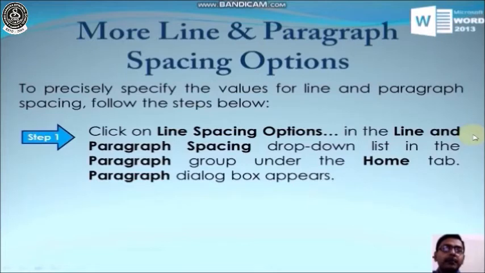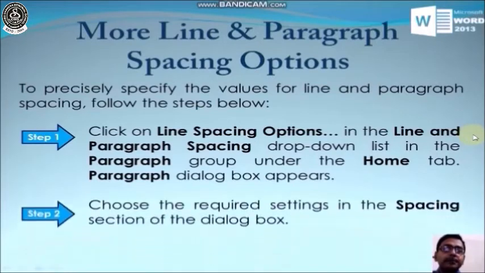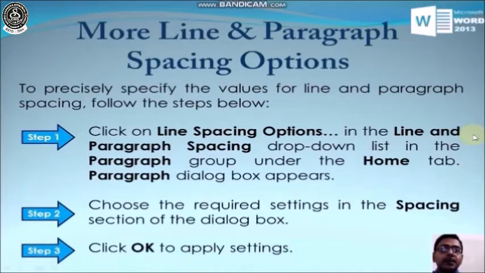As you do, the paragraph dialog box appears. Step number 2, choose the required settings in the spacing section of the dialog box. And after giving all the settings, finally you have to click OK to apply those settings.